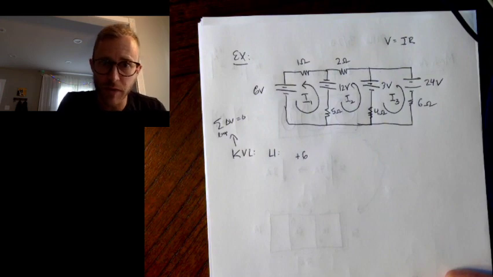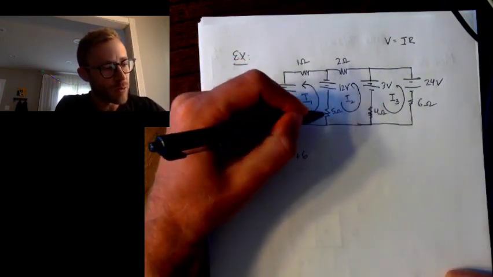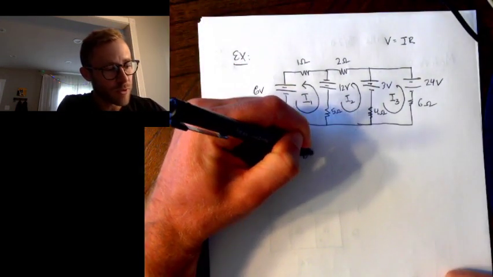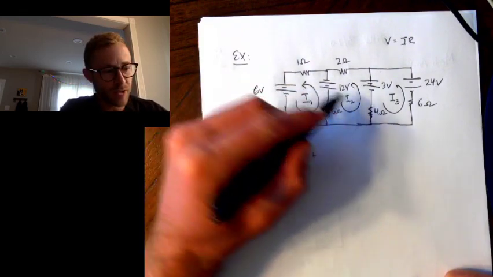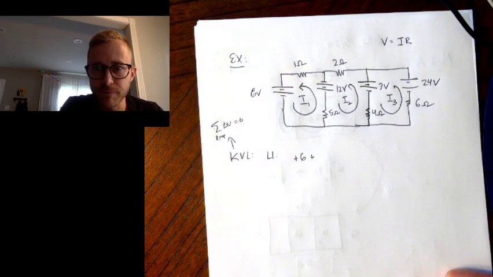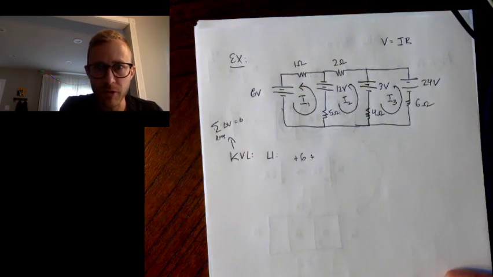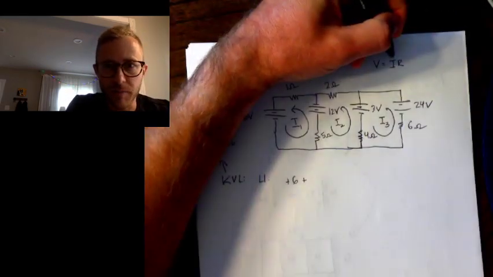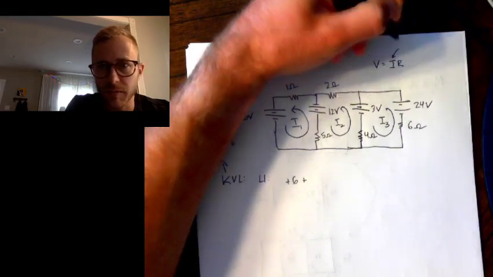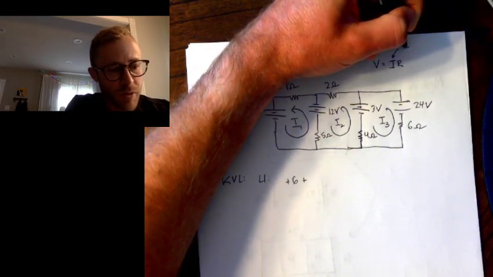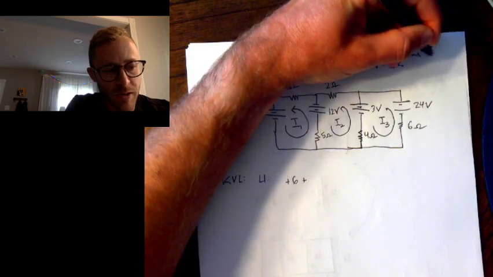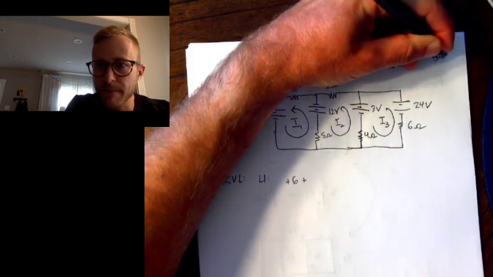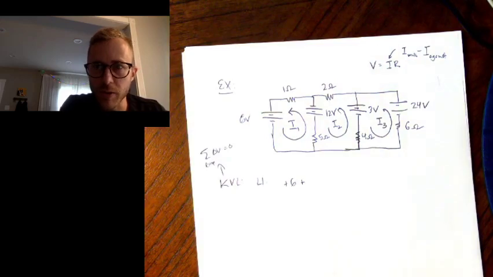So we have to write the real current flowing through the resistor, and the real current would be I1 minus I2. So the rule is the real current is the current flowing with your loop minus the current flowing against. Current with minus current against.